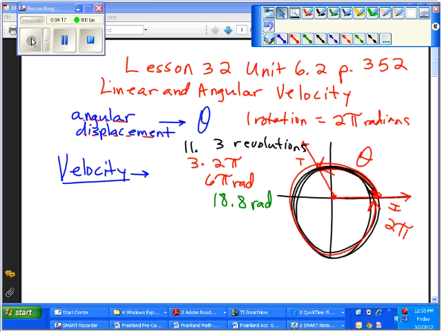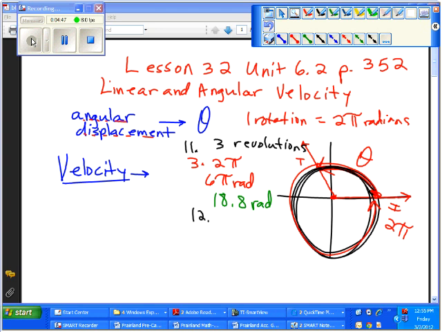Or if you've got a drive shaft in a car and that drive shaft is spinning so many times, and that makes this gear turn and that other gear turn, and eventually the wheel turns, how does all that stuff work together? So you can see that trigonometry starts leading into mechanical engineering and a lot of things like that, which we couldn't put a car on the highway or a man on the moon without some trigonometry, obviously. Okay, so we got angular displacement.